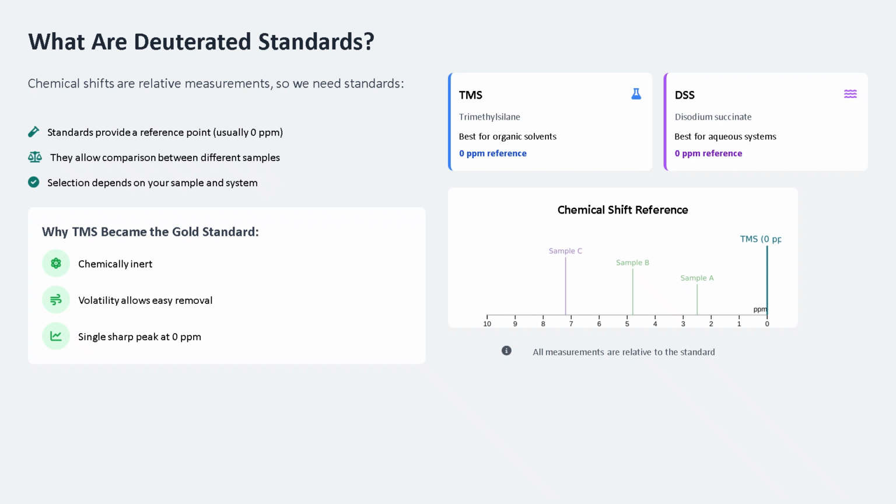TMS became the gold standard because it is chemically inert, produces a single sharp peak, and is easy to remove due to its volatility. However, in aqueous systems, water-soluble standards like DSS are preferred. Choosing the right standard ensures consistency and comparability across experiments.